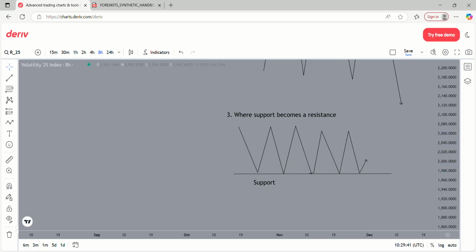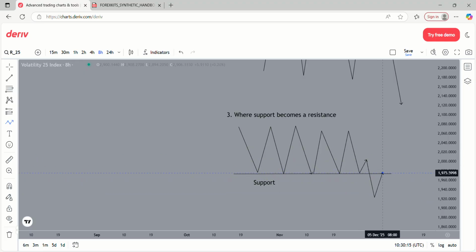Let me get my path tool again, because this is to break below this point. Market breaks below this support and then comes back to this support area, and now the market is resisting, price is unable to move up again.